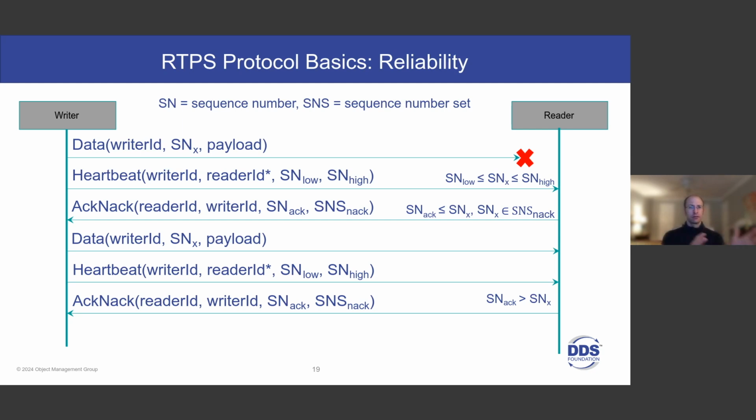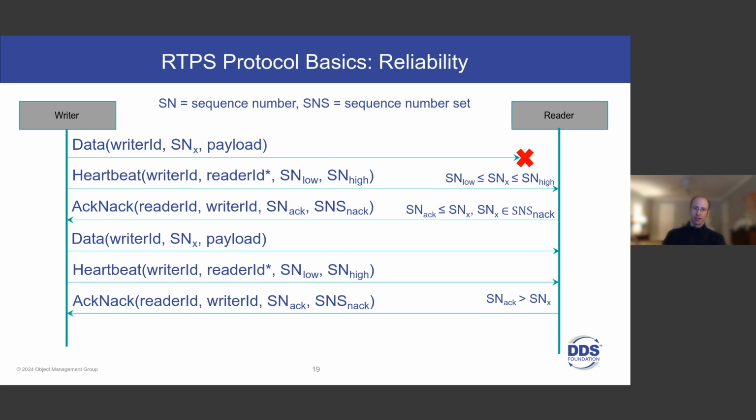After that, let's assume the writer gets that. The writer would then resend the data and send out the heartbeat again. The reader, upon receiving it, would send an ACKNACK now with a new acknowledgement saying, I've received this data, so you don't need to send any more heartbeats for that particular one.